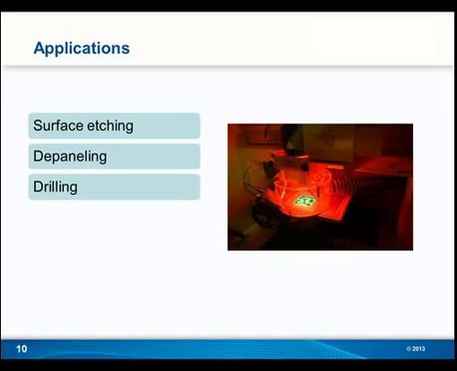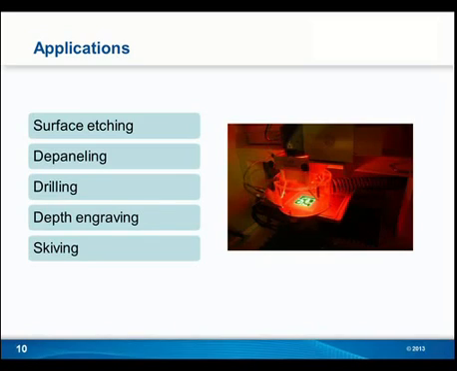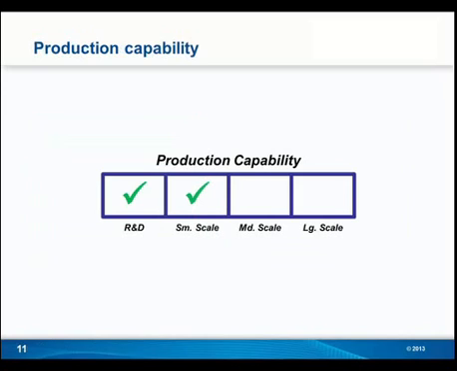Then we're going to get into drilling, and finally we're going to follow that up with depth engraving, or pocket creation, as you may know it. And then we're going to have a little subset of depth engraving, skiving. When we refer to skiving, we're referring to removing organic material off of metals. It's basically a type of depth engraving or pocket creation. You may know it by another name, but we're going to cover that right at the end.